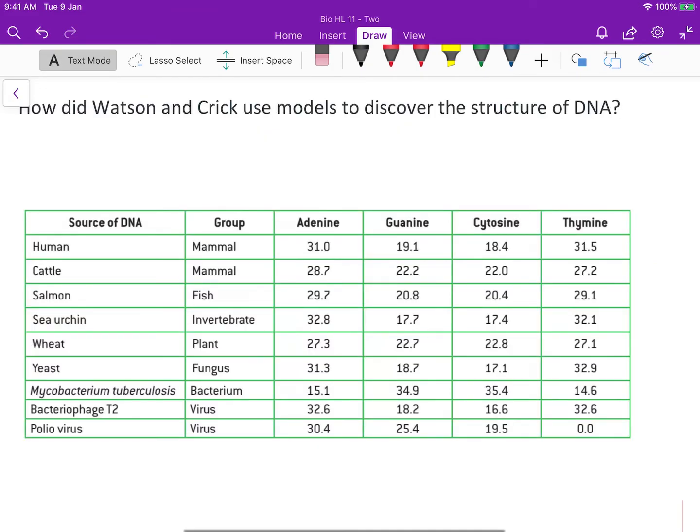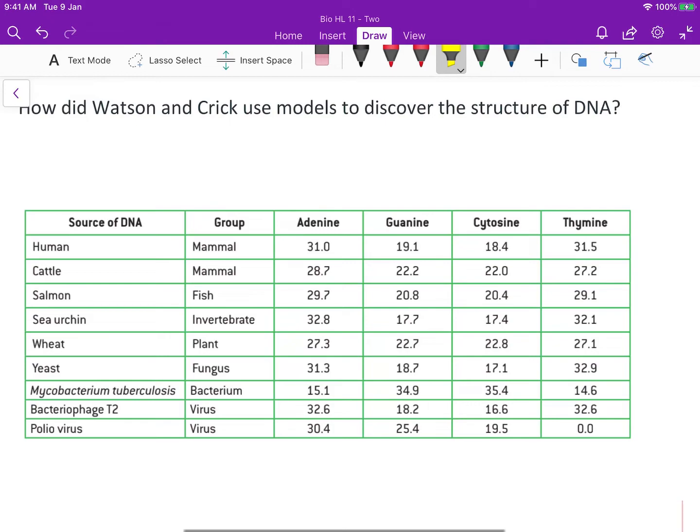Okay, final part. How did Watson and Crick use models to discover the structure of DNA, to work out that it was anti-parallel? Well, first of all, they had a little bit of evidence already. They had, from Chargaff, these results. So I want you to have a look at the results and see if you can work out how these results suggest the structure that we've already looked at.